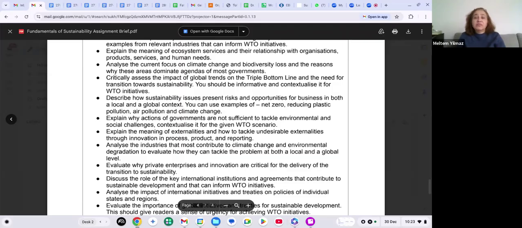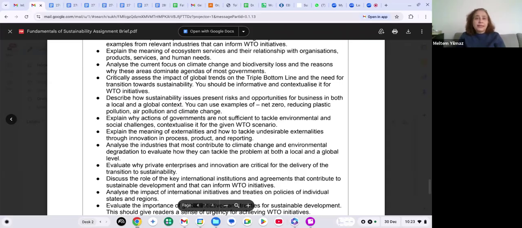Contextualize it for the given World Trade Organization scenarios. Explain the meaning of externalities and how to tackle undesirable externalities through the innovation process, products, and reporting.